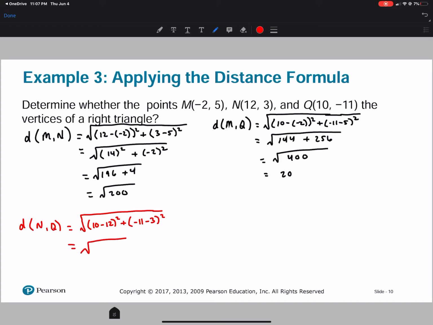So that equals the square root of negative 2 squared, which is 4, plus negative 14 squared, which is 196. So this is going to equal the square root of 200.